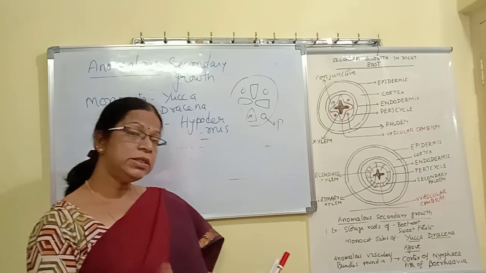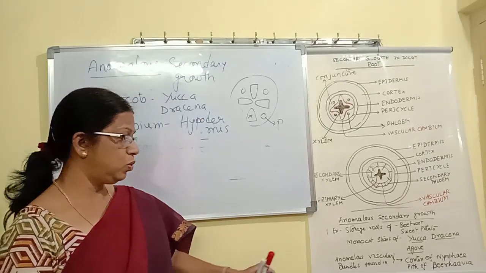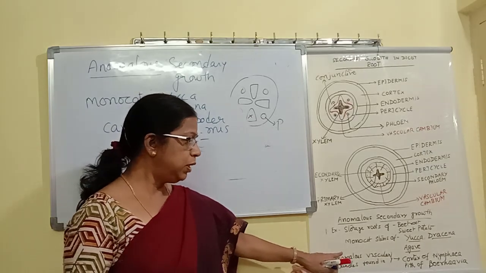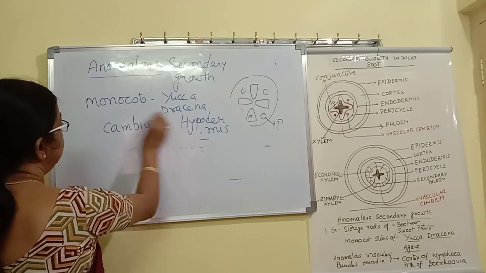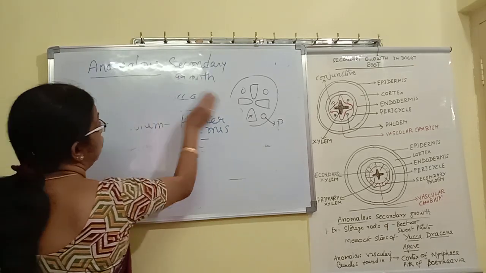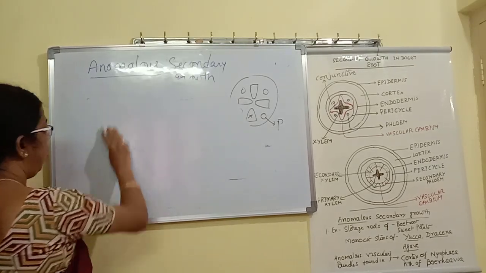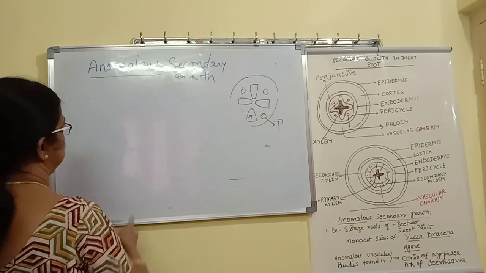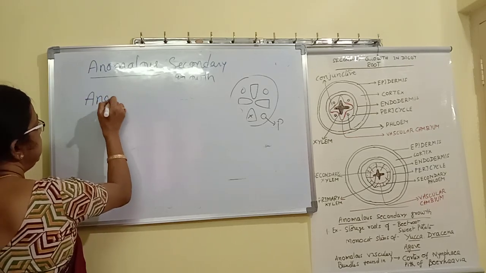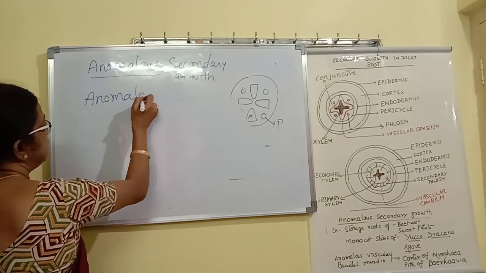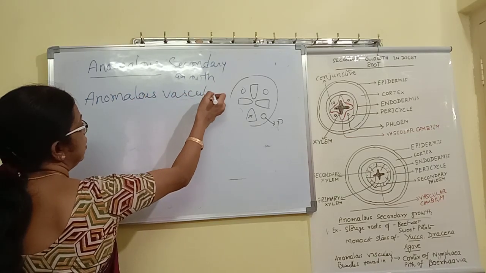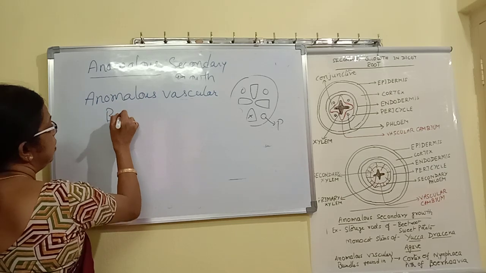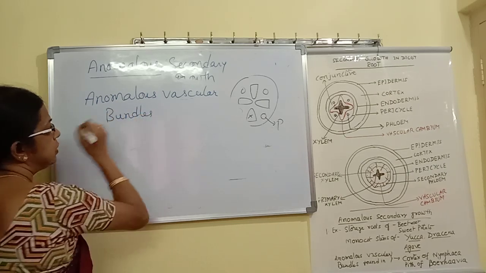Then anomalous secondary growth can also be due to presence of anomalous vascular bundles. My third point is presence of anomalous vascular bundles. What is the meaning of anomalous vascular bundles?